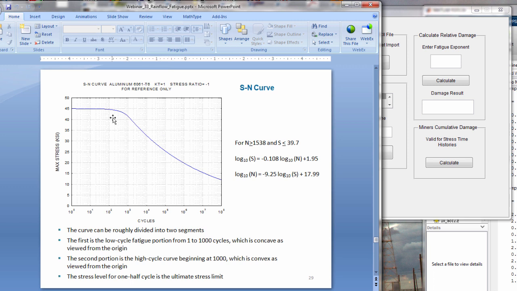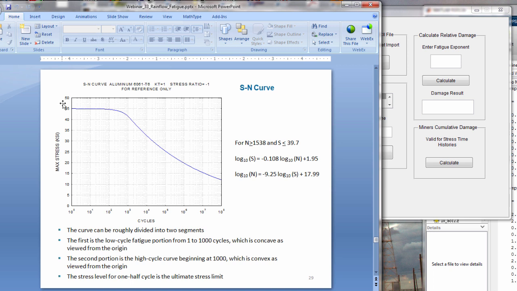We kind of just throw up our hands and assume that this is going to converge to the ultimate stress limit. And the reason there's a slope change here has to do with ductility and strain hardening and other things of that nature. So this is max stress along the y-axis, and this is amplitude stress.